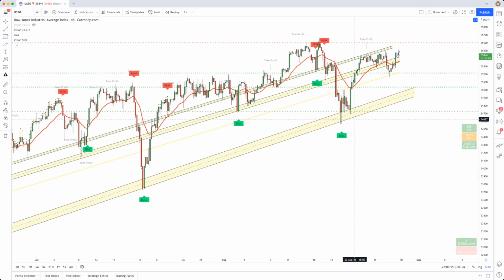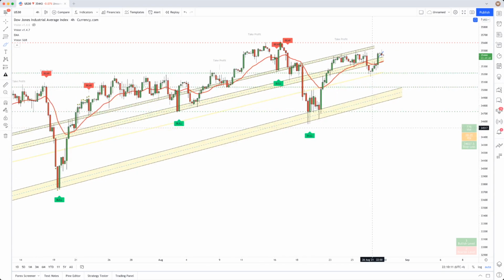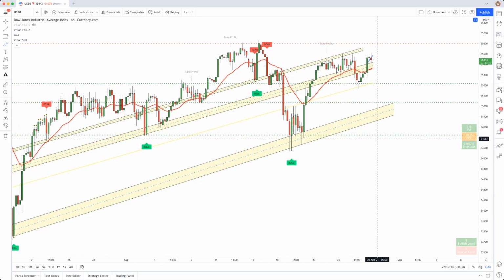That's where I would set limits, because you can be asleep when it hits it and miss a good entry, which would suck, especially on something that's going to retrace 1,000 points. Yeah, that's where I'd use limits.